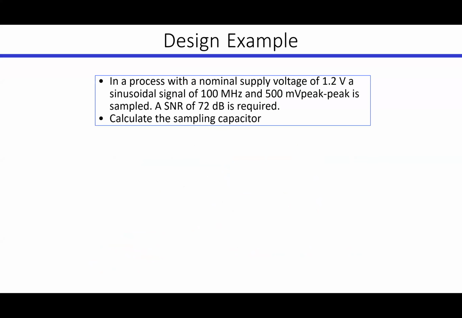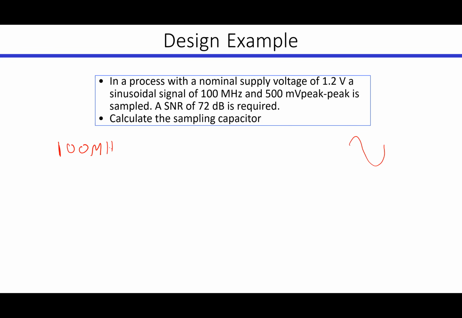Okay, now let's take this example. You have a supply voltage of 1.2 volt, and a sinusoidal signal that has 500 millivolt peak to peak. Please nobody send messages on the chat, I cannot read while I am writing.